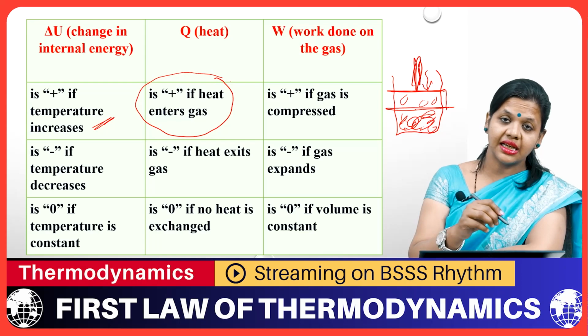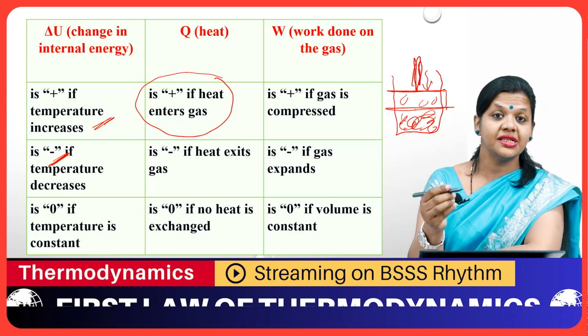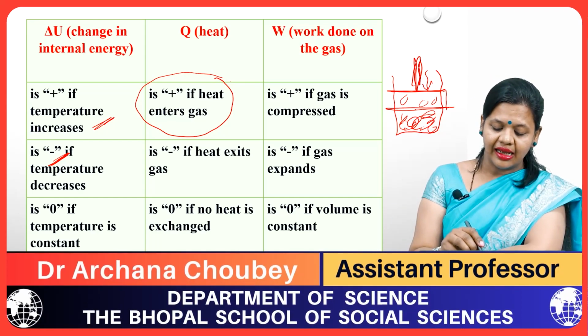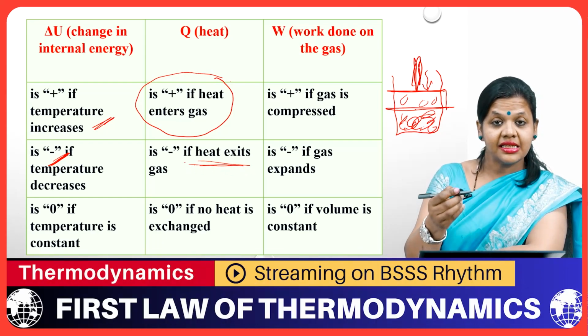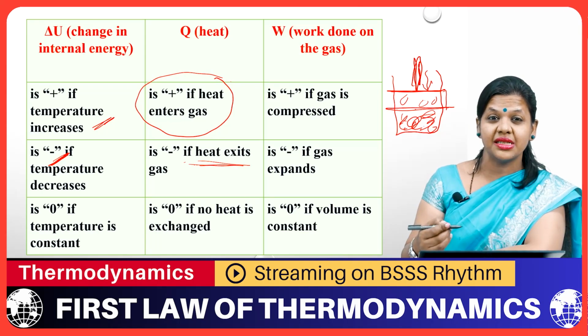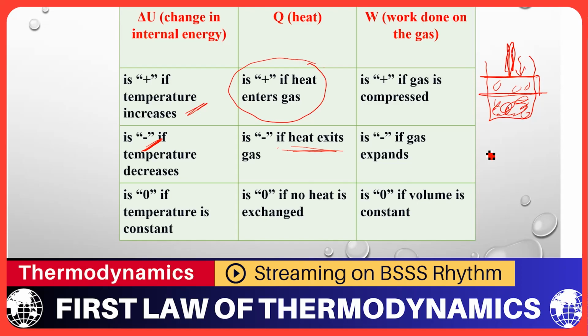Now, if I take the condition that the value of change in internal energy is negative, which means the value is decreasing. So, when will this occur? When the heat in the system is decreasing. I cannot take the heat away directly. It is the condition when, in the same example of a cylinder connected to a piston and filled with gas, the piston is moving in the reverse direction.